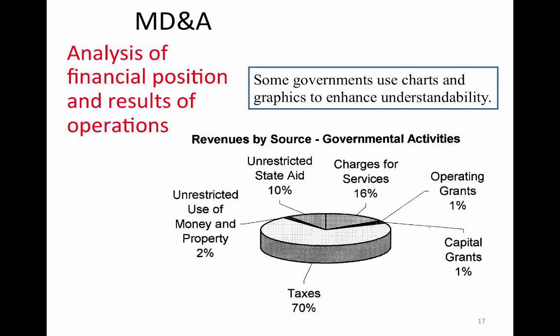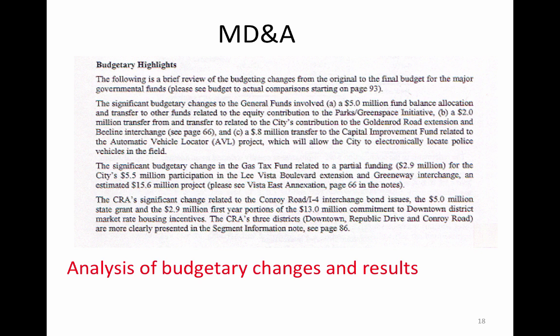Some governments will use charts. If they're doing the better ones, they will use graphs and charts that are helpful to you, that really give you a quick sense of what you're seeing. There should be an analysis of information from the fund financial statements and an analysis of major things that happened in the budget during the year. And there's a real emphasis on significant changes in the budget.